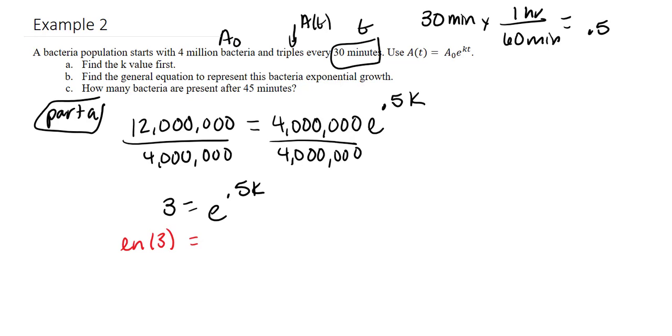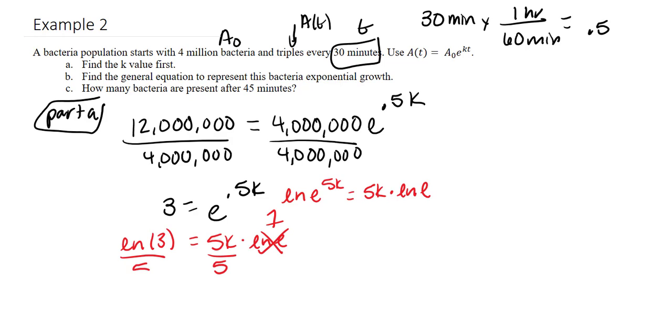When we take the natural log of e to the 0.5k, that becomes 0.5k times the natural log of e. This becomes 1. Then we just need to divide by 0.5 on both sides. So we're left with k is equal to the natural log of 3 divided by 0.5.